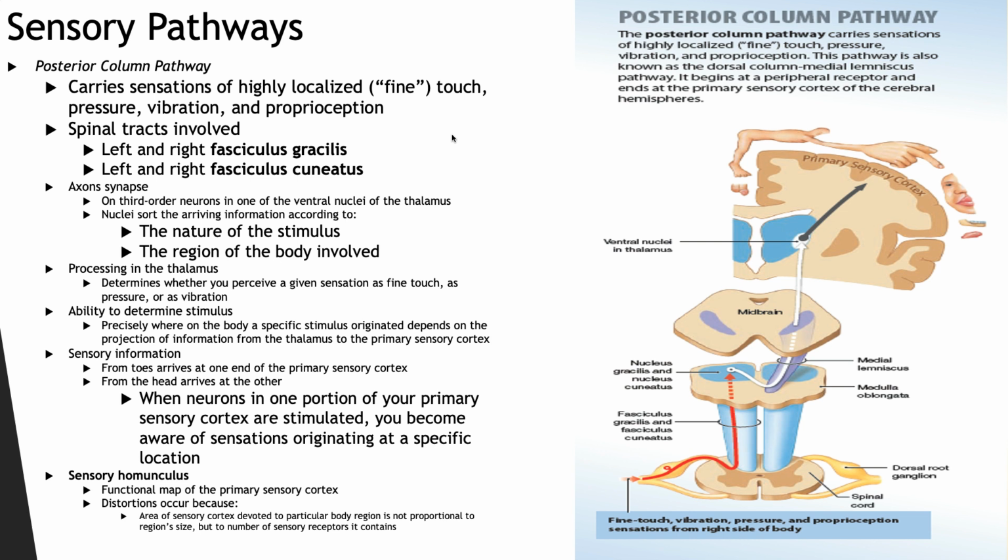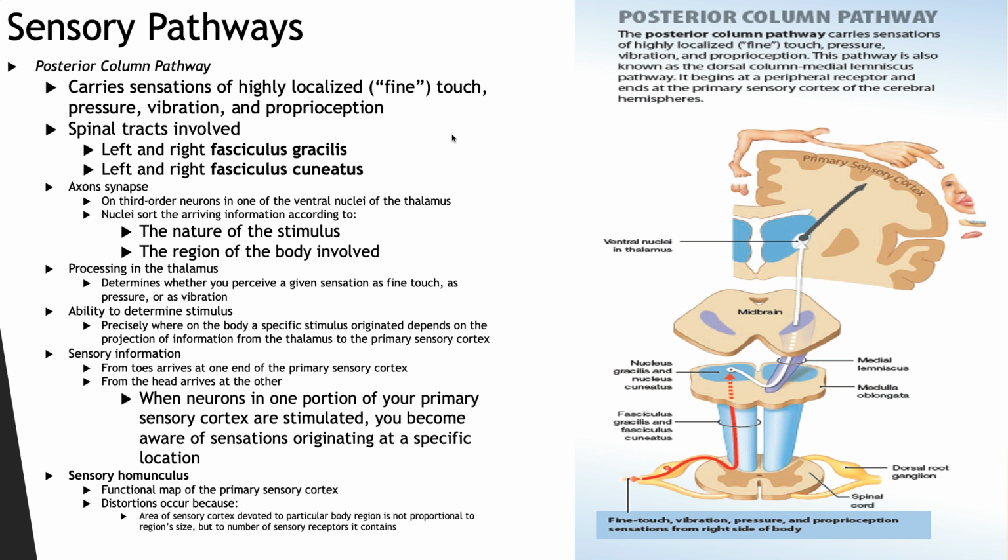As it ascends, the medial lemniscus runs alongside the smaller tract that carries sensory information from the face, relayed from the sensory nuclei of the trigeminal nerve. The axons in these tracts synapse on the third order neurons of one of the ventral nuclei of the thalamus. And these nuclei sort the arriving information according to one, the nature of the stimulus, and two, the region of the body that's involved.